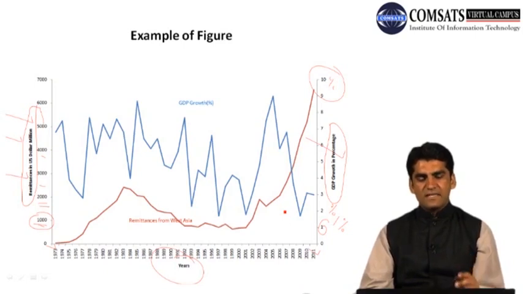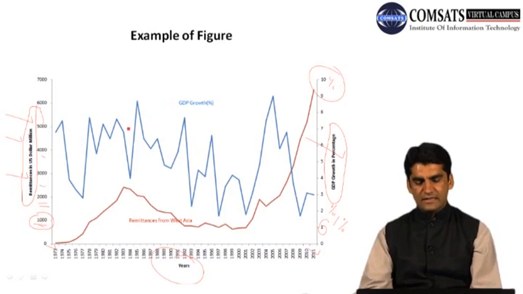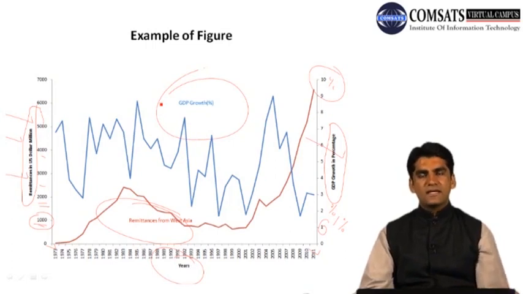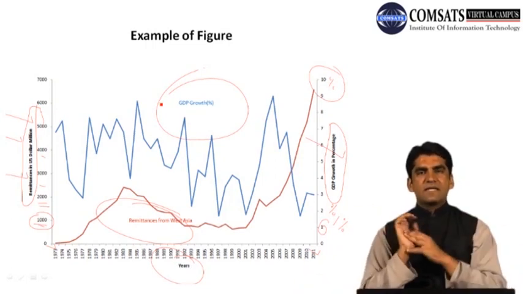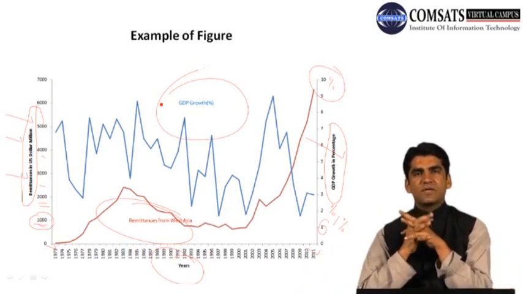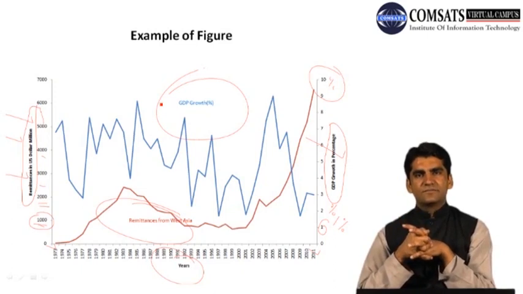But what I am mentioning here is that we have plotted the relationship between remittances and GDP growth. There is a hypothesis which exists in literature which explains that remittances bring in economic growth in a country.